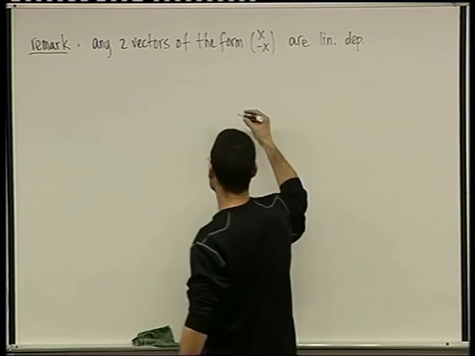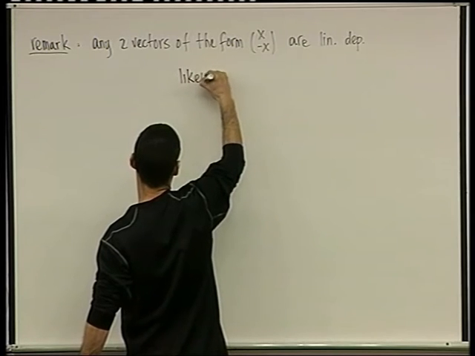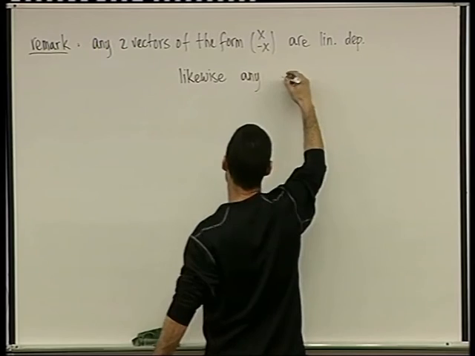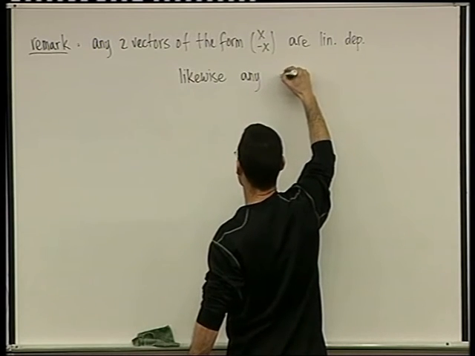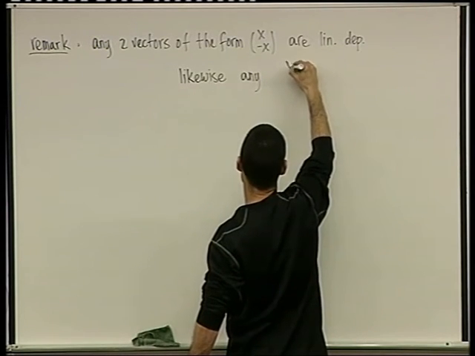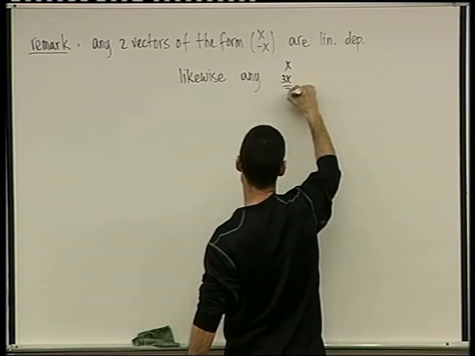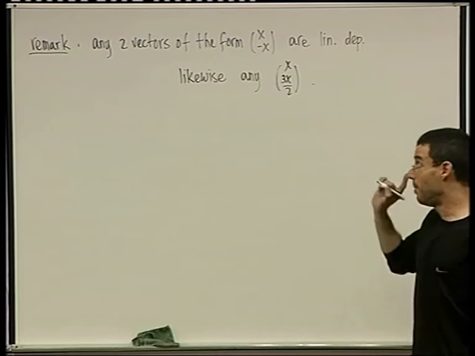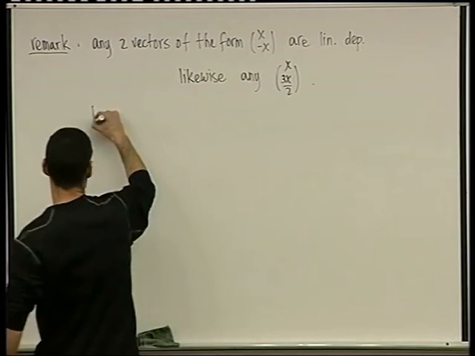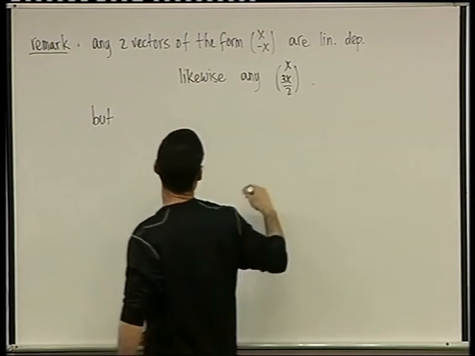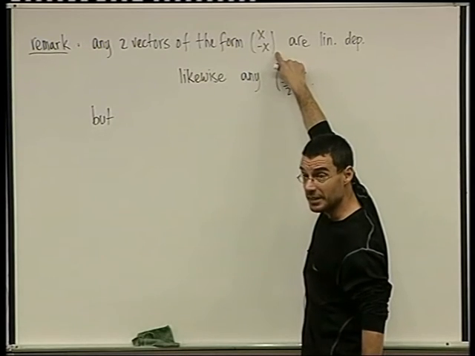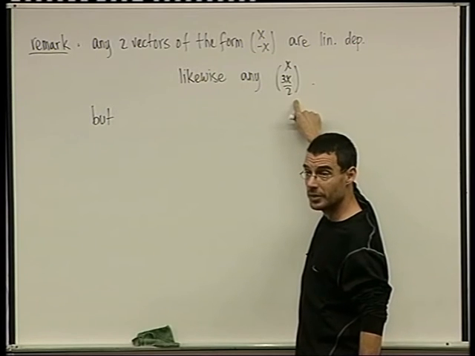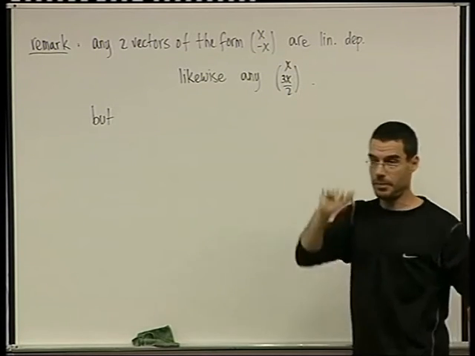And likewise, any two of the form x and 3x over 2. Right? But if we take one of these and one of these, non-zero ones, they're going to be linearly independent.